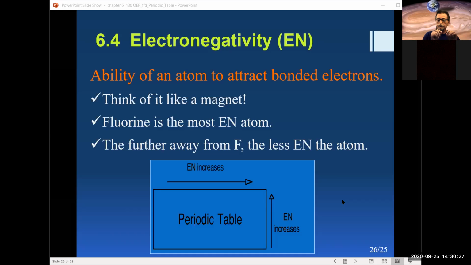Okay, now to determine the trend: from left to right, it goes up, and from bottom to top, the electronegativity goes up. What we have here is fluorine. Let me bring up the periodic table.